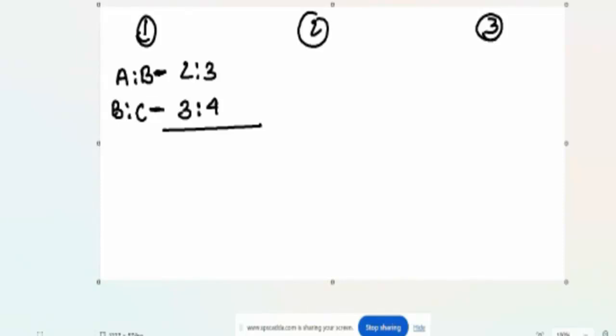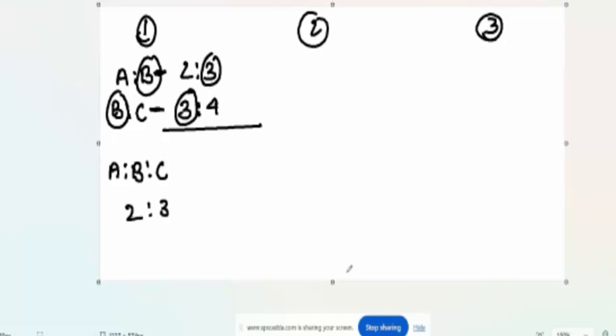One more thing. In this particular question, if you have a common element B with the same digit 3 and 3, it means you don't need to solve the ratio. You just need to write down the same digits. For ABC, you write 2 ratio 3 ratio 4.